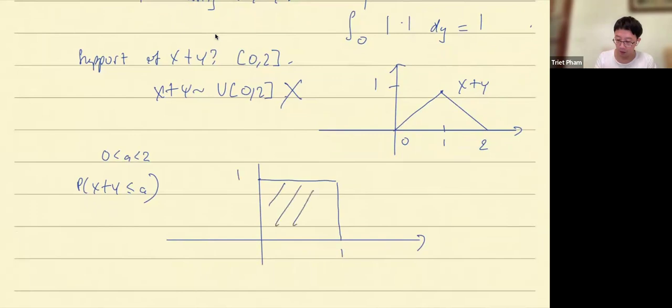And you can see that this is uniform over this unit square. And you can also see that x plus y less than a is this region.